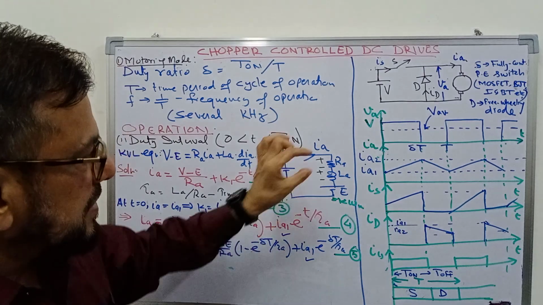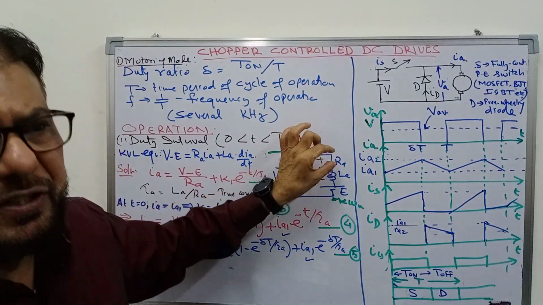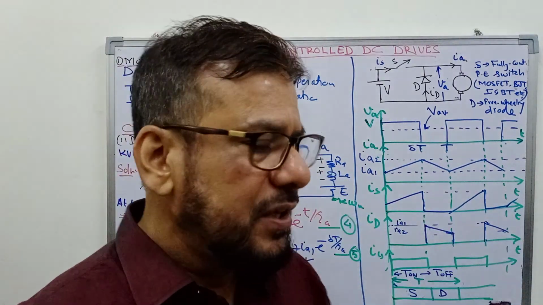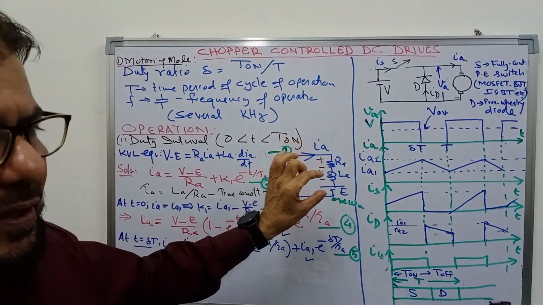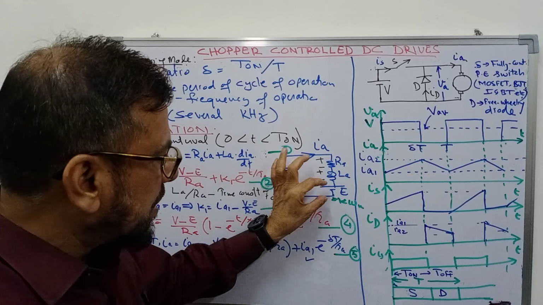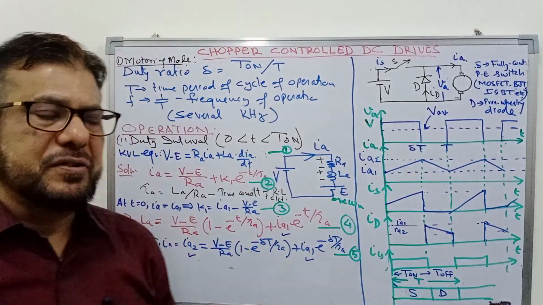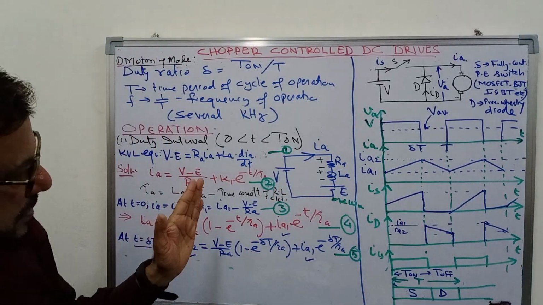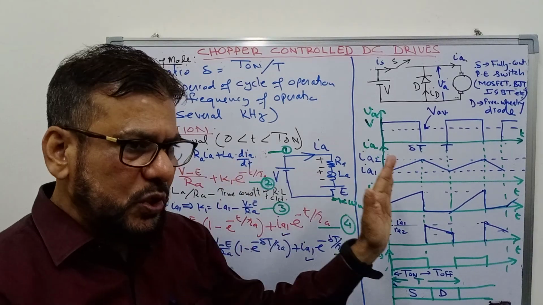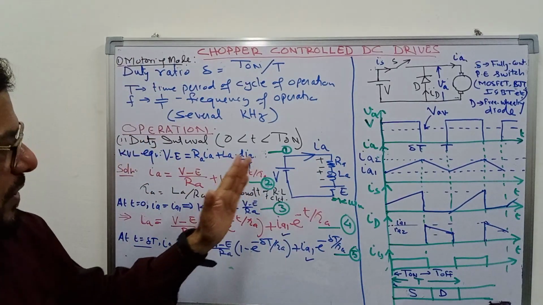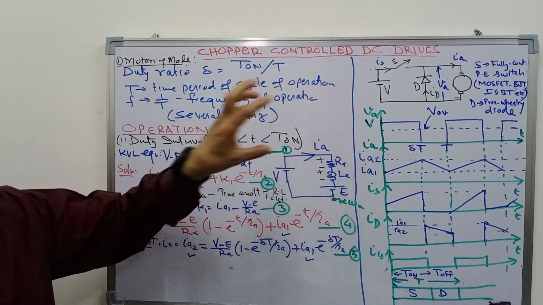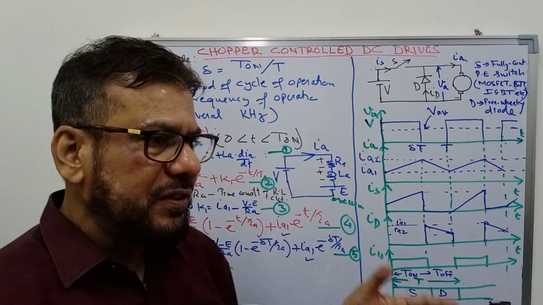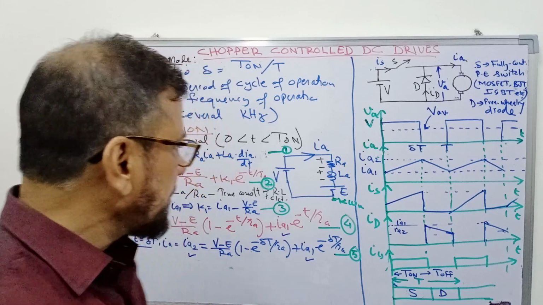A part of the energy is dissipated as heat in the armature resistance, a part will be stored in the inductance, and the remaining part will be converted into mechanical energy. So the energy is flowing from the source to the motor.